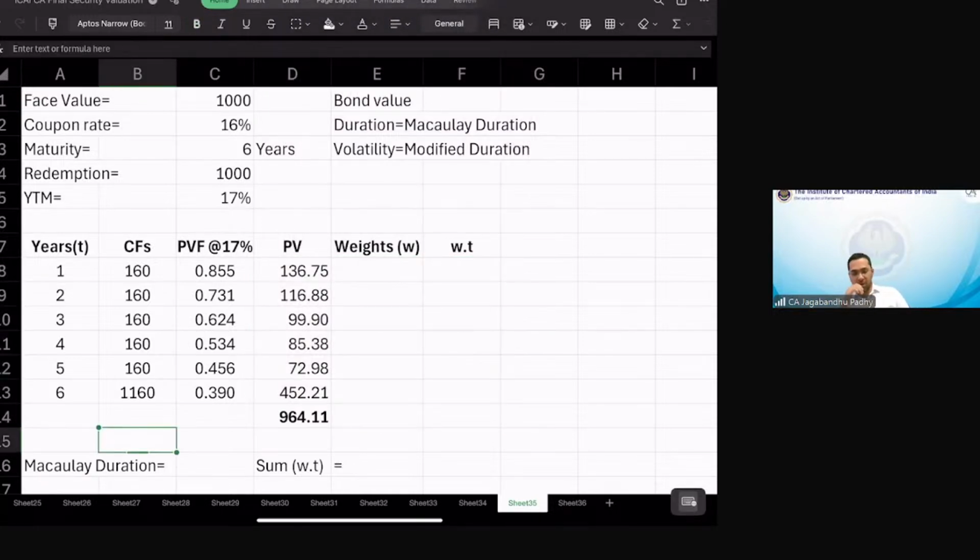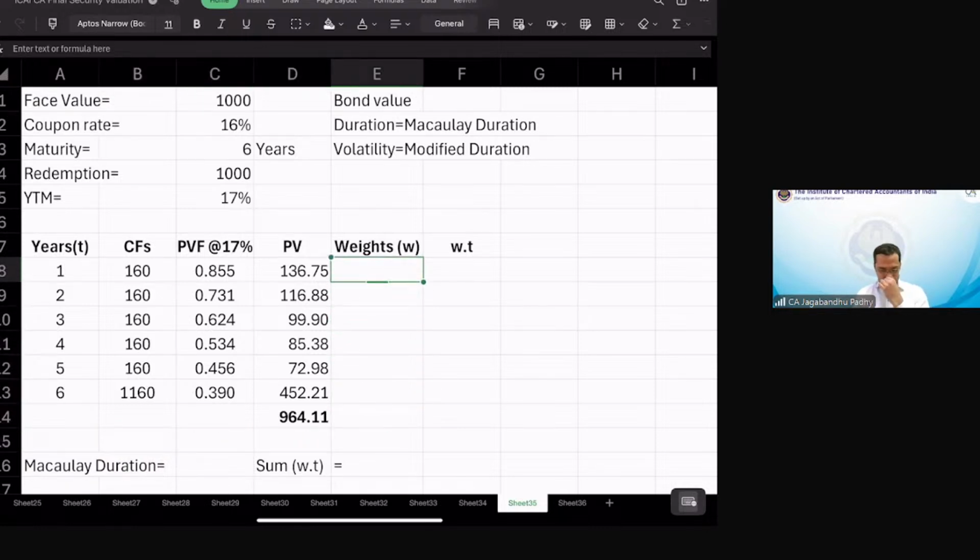Just confirm if you're getting the bond value to be 964.11. $964.40, a bit of difference, that's okay.